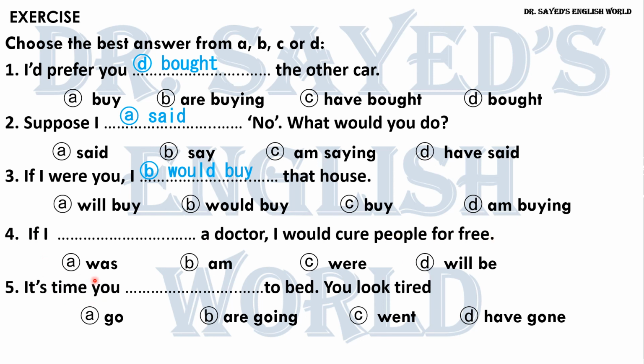If I was, am, were, will be. So the answer, if I were. Number 5. It's time you to bed. You look tired. It's time you go, are going, went, have gone. And the answer is time you went.